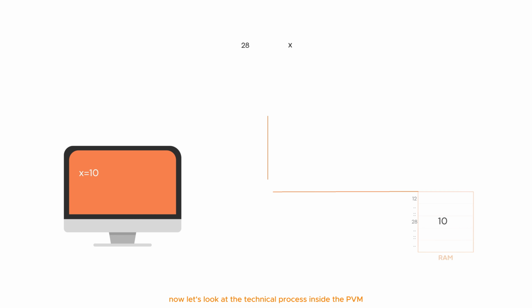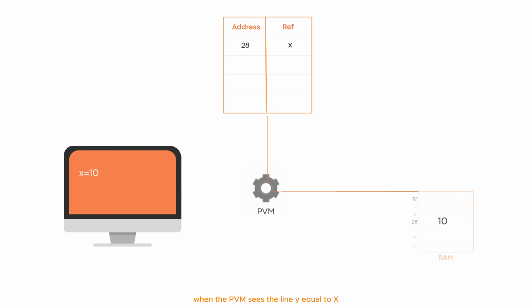Now let's look at the technical process inside the PVM. It's just as simple. When the PVM sees the line y equal to x, it follows these steps. It looks at the right-hand side of the equal sign first, which is x. It checks the namespace table to find out where x points.